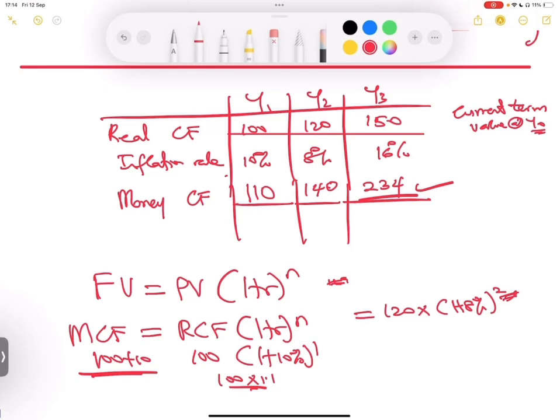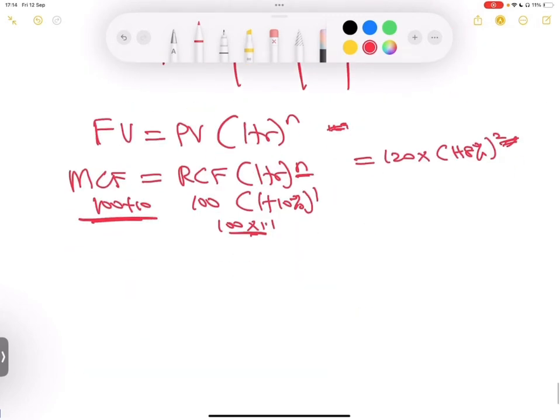We are going to move from year 0 to year 2, so you must have moved year 1 and year 2. So 2 years. Year 3, 3 years. That is why you have to use your pen when you're converting your money cash flow. Sometimes they might tell you that government is going to reduce inflation or increase inflation. You just need to put all of that into perspective when you're doing it.